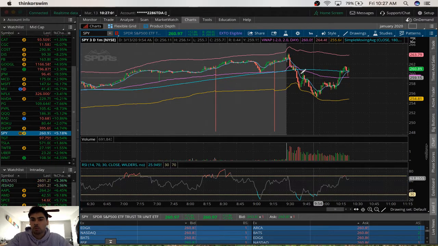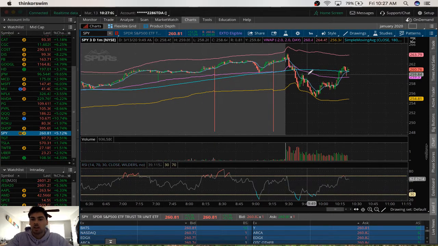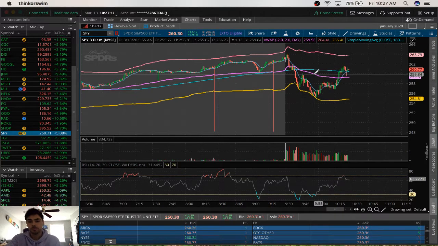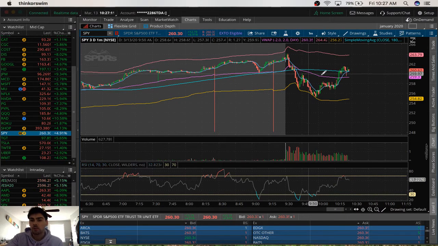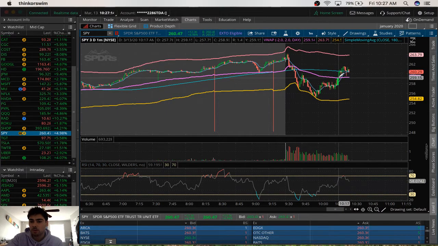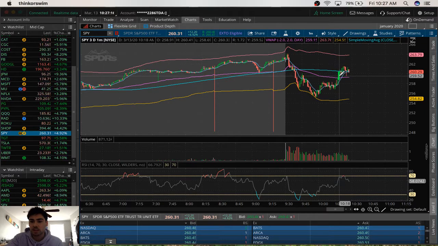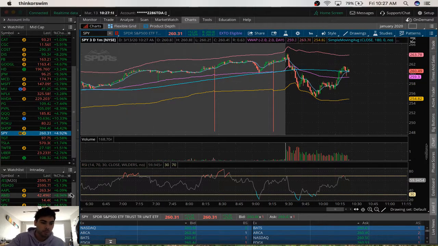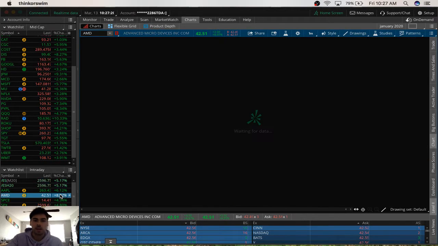What I was waiting for was the break of this high simultaneously with the break of resistance on AMD. Once this did happen, at about 10:17, 10:18 when it starts to spike up, that's when I entered my AMD position.